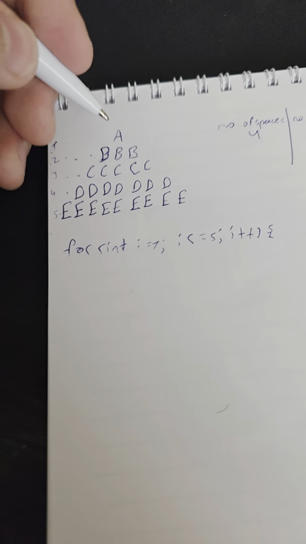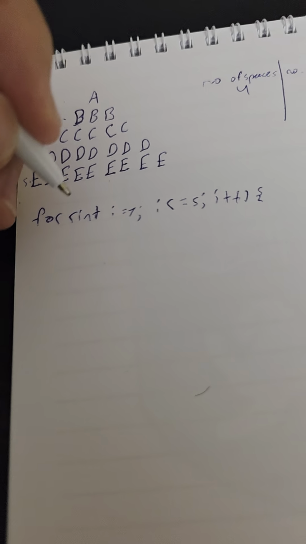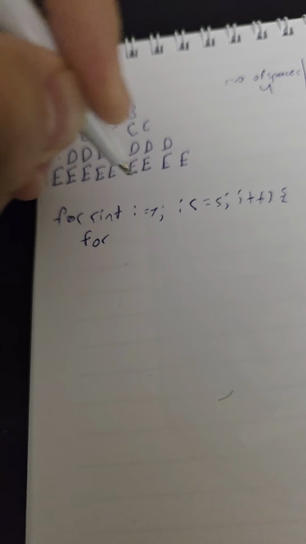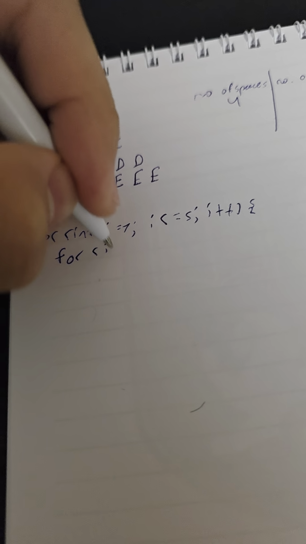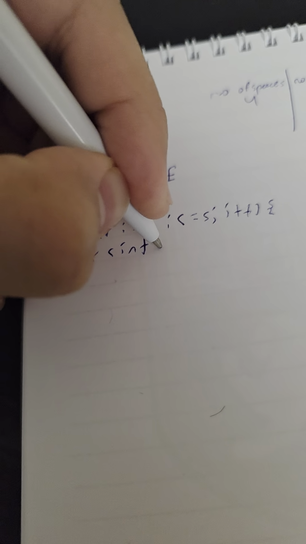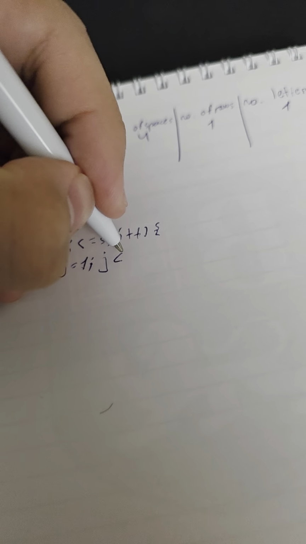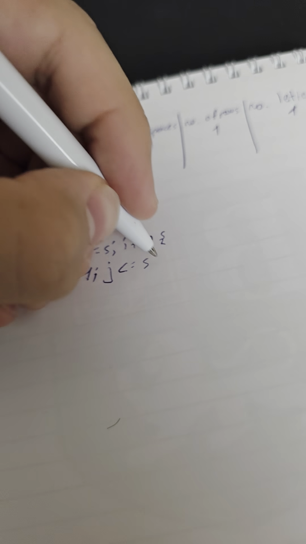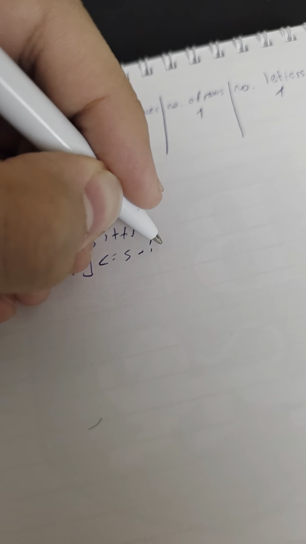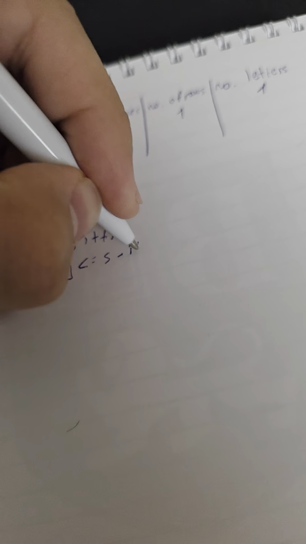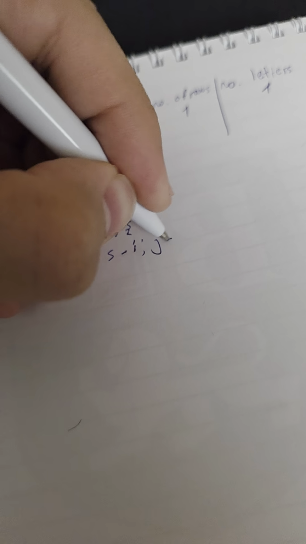Also there's another for int j, which equals 1. So while j less or equal to 5 minus i, it's j plus plus.